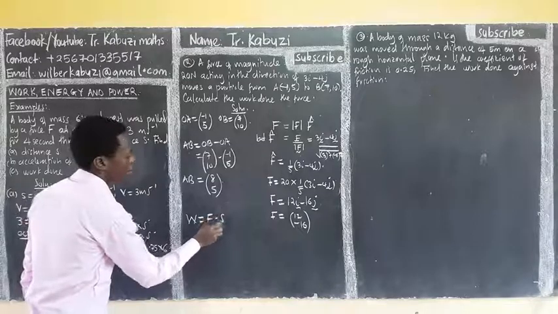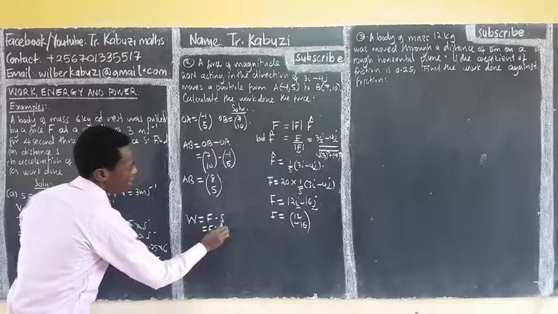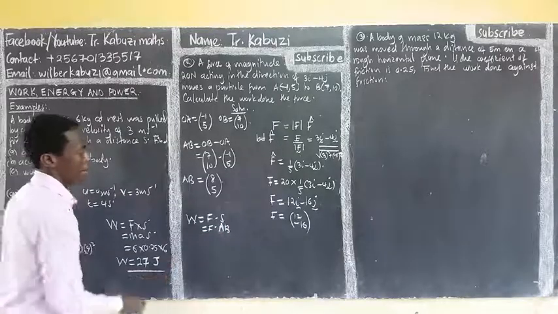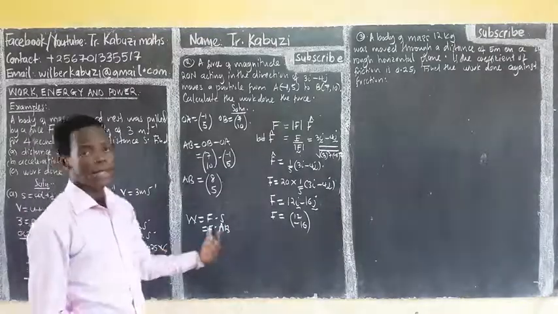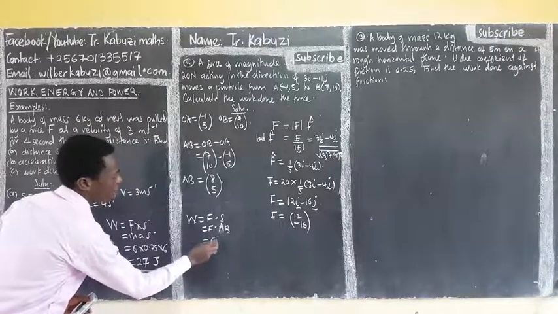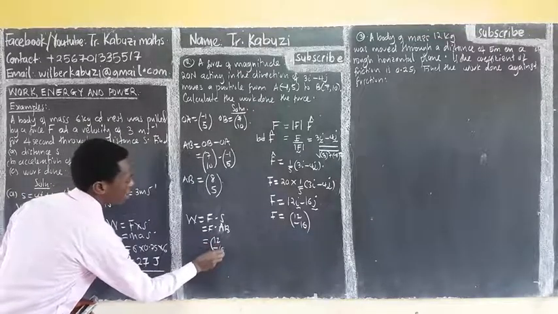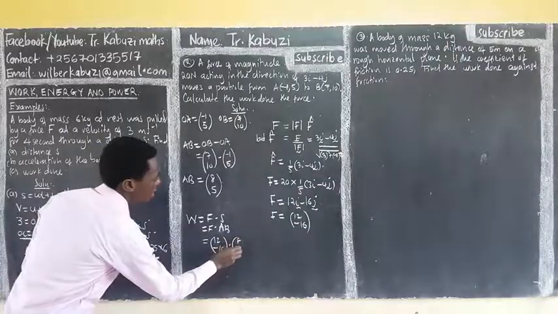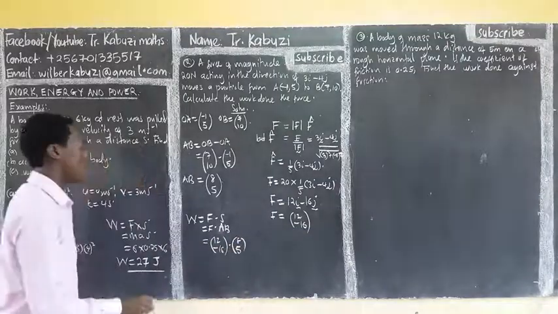Remember, we can't multiply vectors, we just dot them. That's the idea there. So this is our F, which is (12, -16), then dot our distance, which is (8, 5).